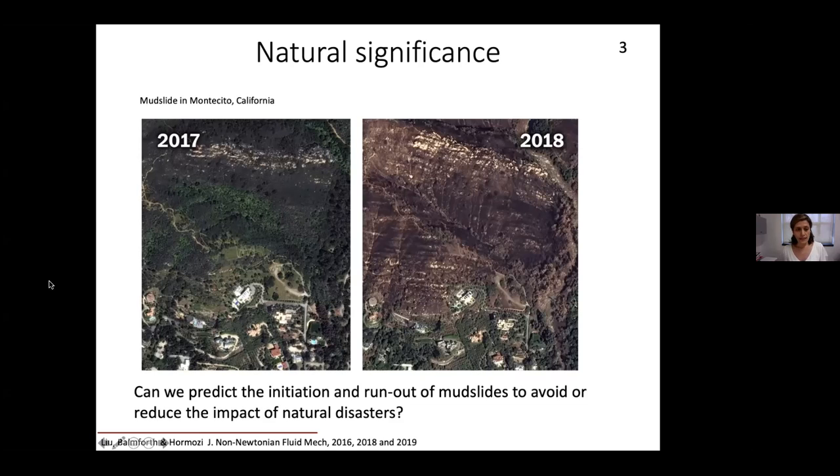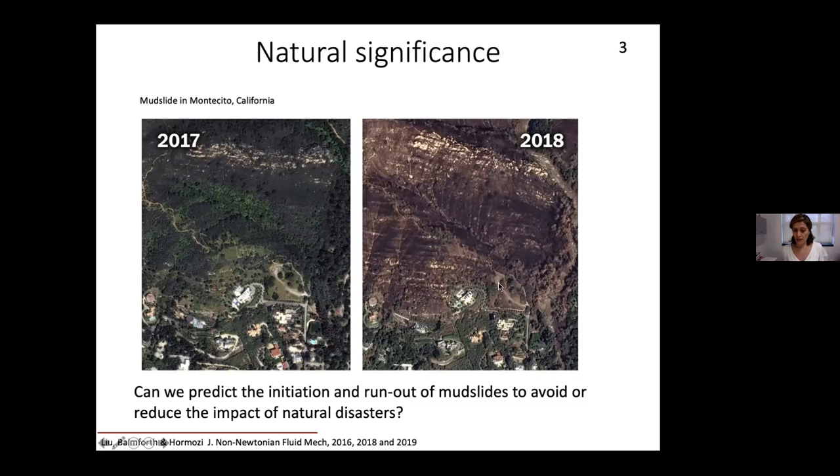Here in this slide, I'm showing the mudslide that occurred close to Santa Barbara. After a period of heavy rainfall season, a large volume of soil mixed with water, a lot of water due to the rain, and that caused the soil to be liquefied and move down the hill.